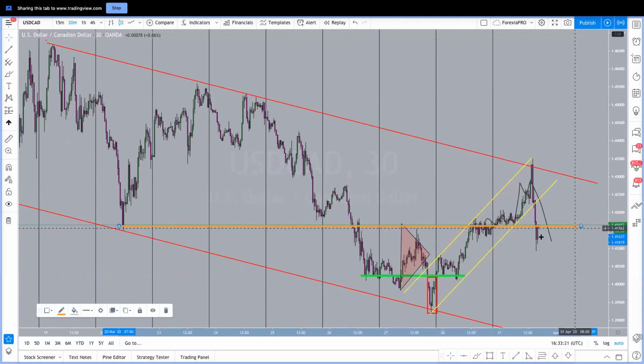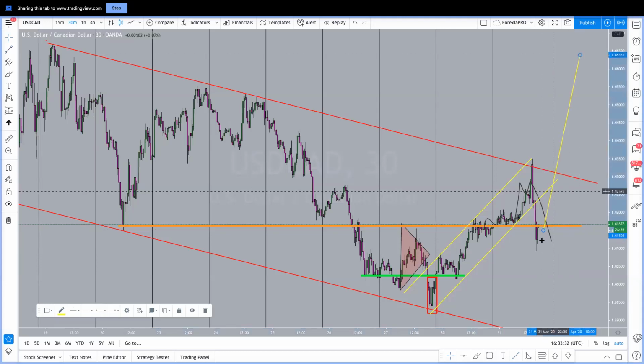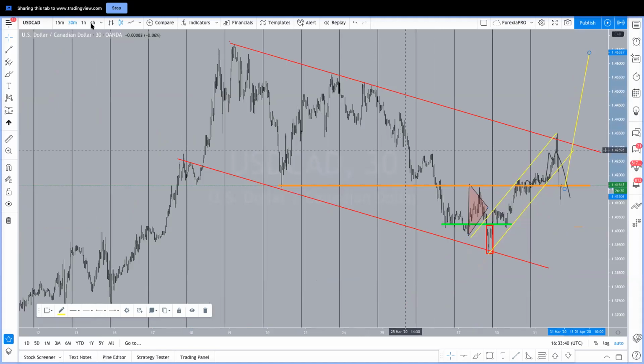If it gives a sell signal to retail traders, that means my original analysis for buy is right. If it starts giving a buy signal to retail traders, then I'm going to follow this macro trend a little more.